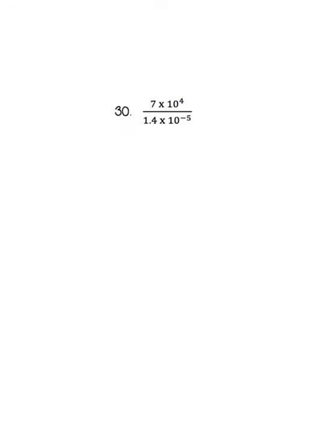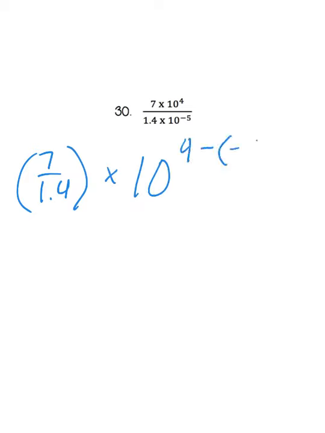For problem 30, we're doing the same process that we did for 29, but now we are dividing. We divide our numbers first, so we have 7 divided by 1.4 times 10 to the 4th minus a negative 5, because we're dividing. When we have exponents and we divide, we subtract.